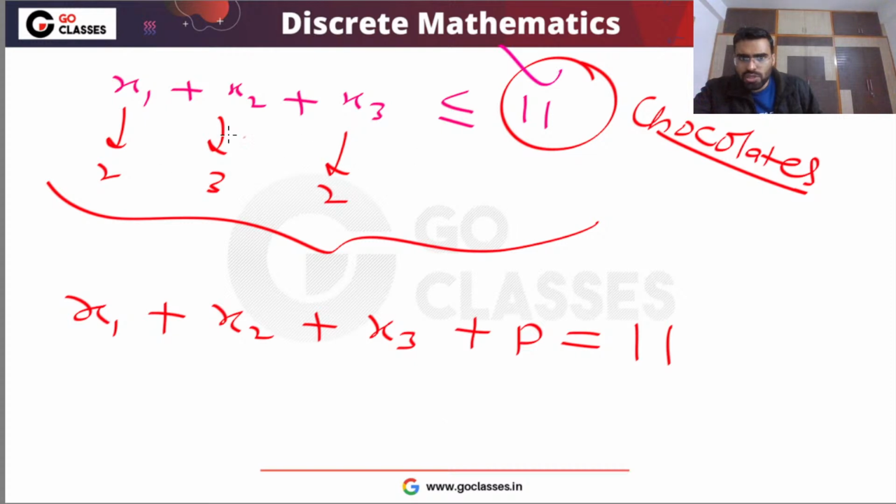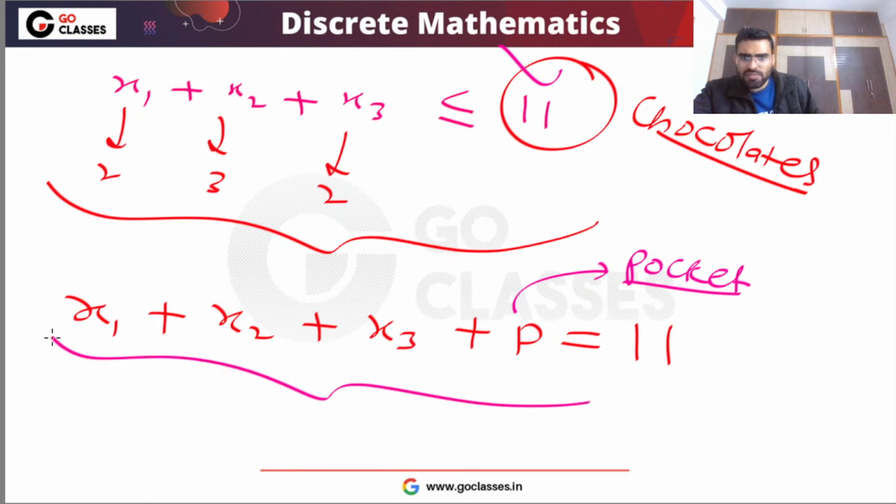Once you give chocolates to these 3 kids, the remaining chocolates you can put in the pocket. So x1 to this child, x2 to this child, x3 to this child, plus how many are in the pocket, the total must be equal to 11.